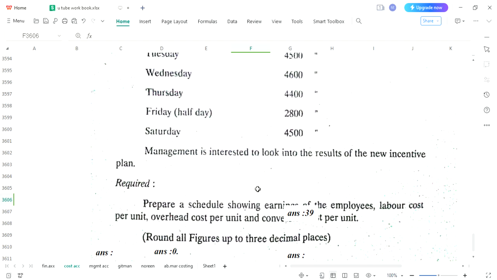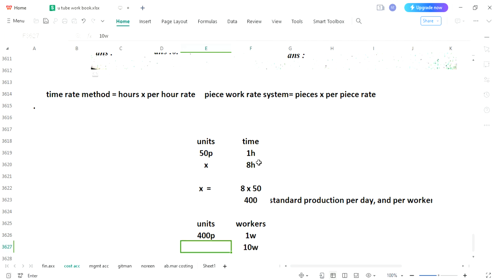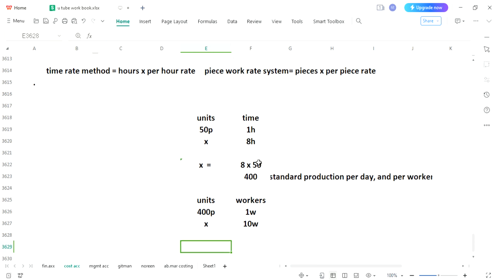But since there are 10 workers working, we will calculate standard production for 10 workers. Here again units and workers: 400 units are produced by 1 worker. We want to know how many units would be produced by 10 workers. So we do cross multiplication again.